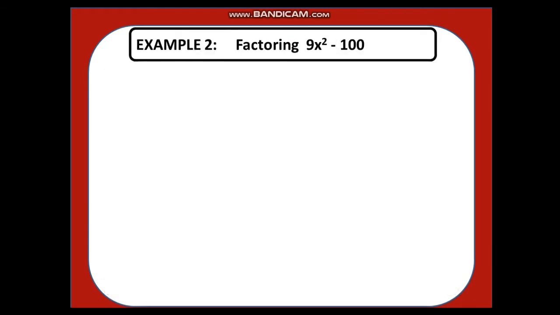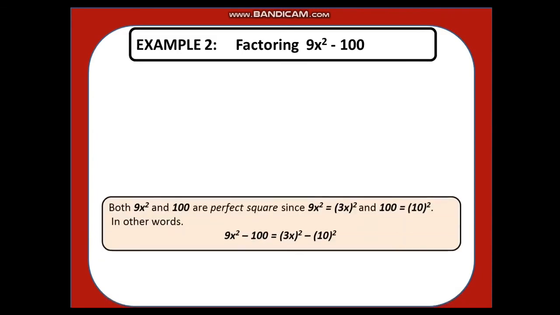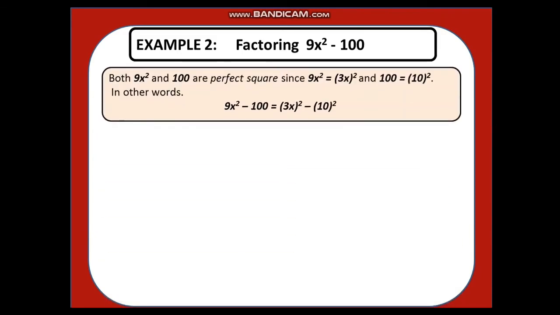Okay, example 2. Let us factor 9x squared minus 100. Both 9x squared and 100 are perfect squares, since the factor of 9x squared is 3x times 3x and the factor of 100 is 10 times 10. In other words, 9x squared minus 100 is equal to 3x quantity squared minus 10 quantity squared.